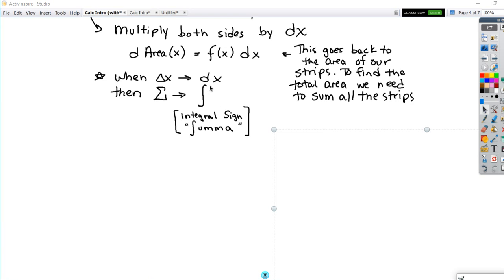So this is really what we call the integral sign, it's really just a long script S, short for sum.